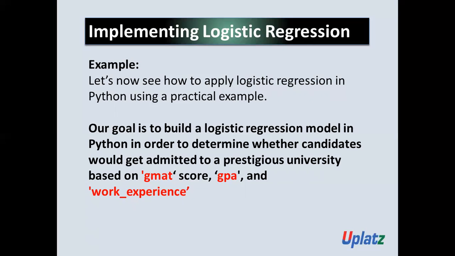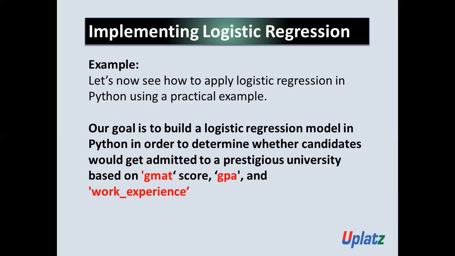So the outcome of logistic regression will be 1 or 0. For example, whether he will get the admission. If he's getting the admission, you can say yes, or represent it as a 1. And if he doesn't get the admission based on the GMAT, GPA and work experience, then you can represent it with the help of 0 or no, whatever it is.